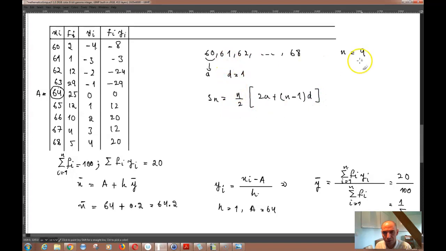So you have n divided by 2, which is 9 divided by 2, times 120 plus n minus 1, which is 8 times 1, which is 8. So that's 128. That's 9 times 128 divided by 2.